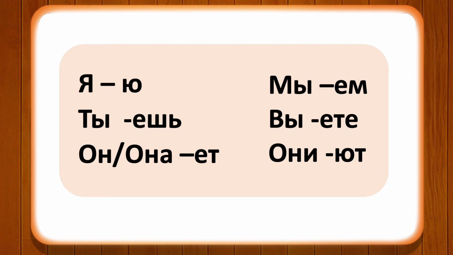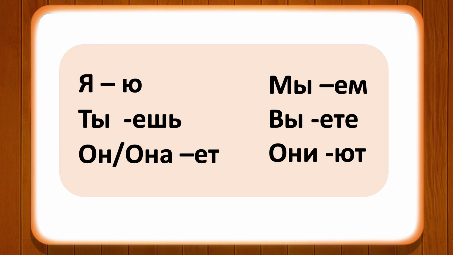For pronoun мы, which means we, you put ем to the stem. You add the ending ете to the stem for the pronoun вы, which means you, a formal you. Они, which means they, you add the ending ут or ют to the stem.